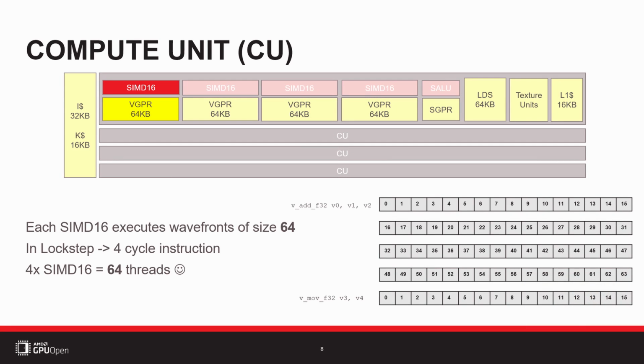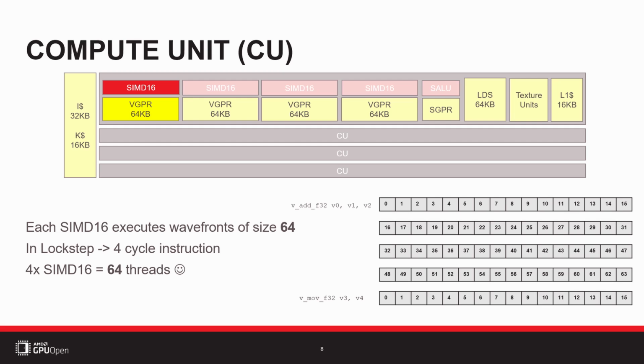How does your code get executed on the compute unit? On GCN we have a fixed wavefront size of 64. Since one wavefront gets scheduled to a single SIMD unit, and the SIMD unit is 16 wide, this means we have a 4-cycle instruction issue scheme.